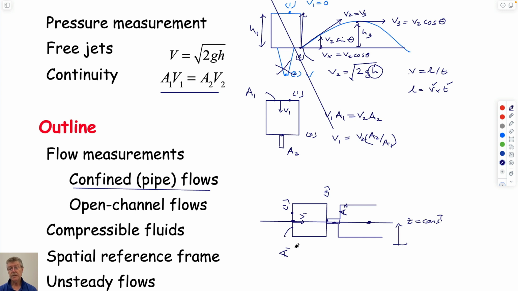And so probably at these locations, we're going to want to know what P1 is and what P2 is. And so we can do the same as this. We can write Bernoulli on the streamline here.